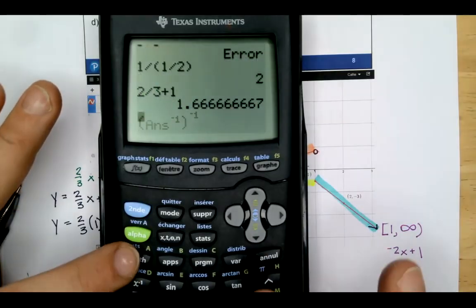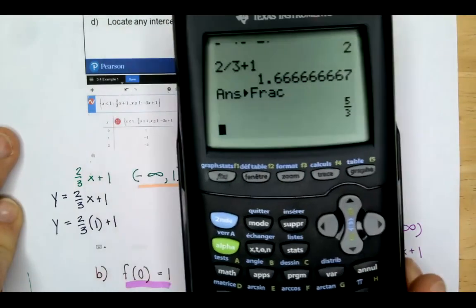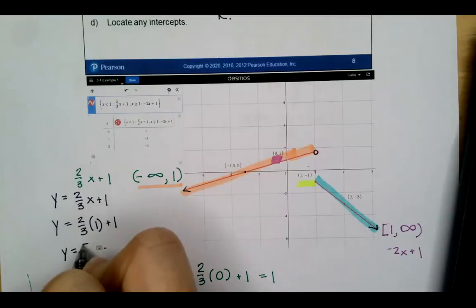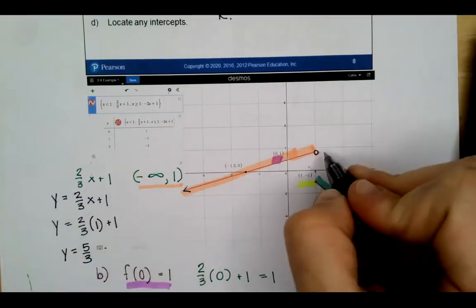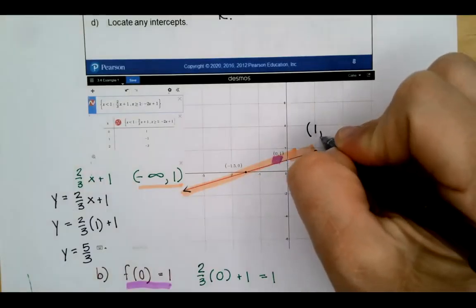It's just 5/3 or 1 1/3, right? So my y value here is 5/3. So that'll be x is 1, y is 5/3.